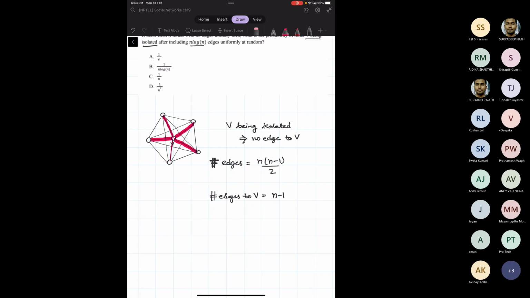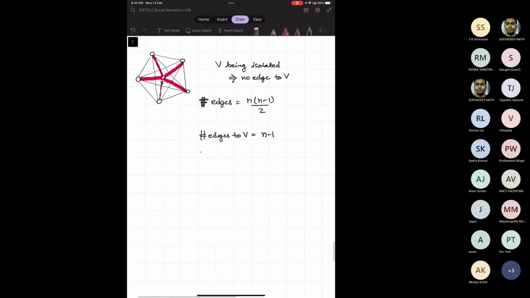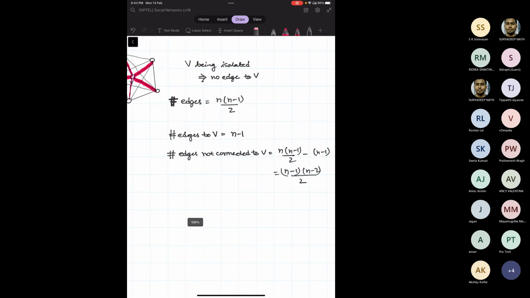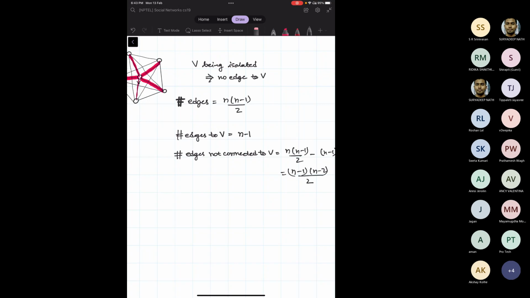That is n minus 1. So the total number of edges not connected to V is n into n minus 1 by 2 minus n minus 1. So this is basically n minus 1 into n minus 2 over 2. This is the number of edges not connected to V.